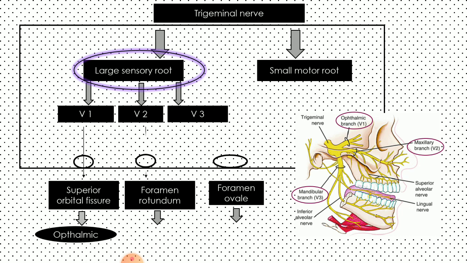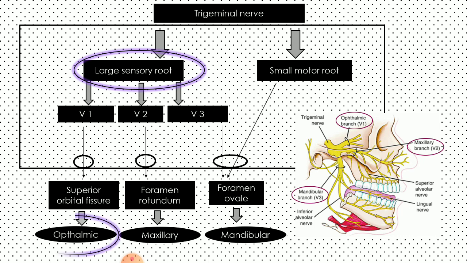Branch 2 exits the skull through the foramen rotundum and is called the maxillary nerve. Branch 3 exits the skull through the foramen ovale along with the small motor root. These two together are called the mandibular nerve.